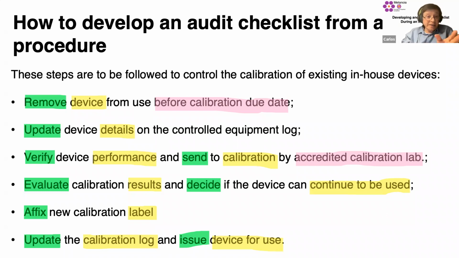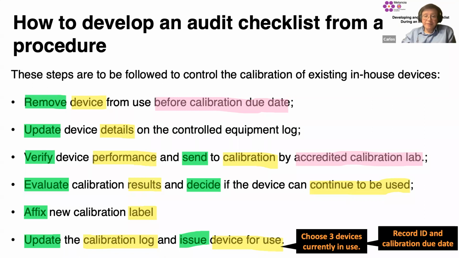So for example, in this case, I decide to collect information directly while auditing operations. So first, I look for the actual devices. I will pick 3 devices currently in use. Then the information that they carry. So a first check to confirm that currently they are within the calibration period.